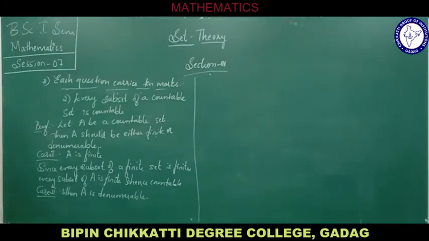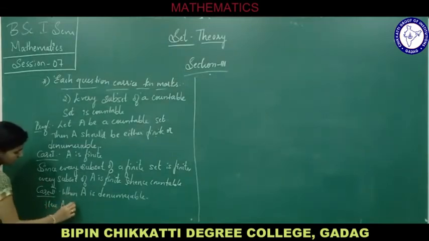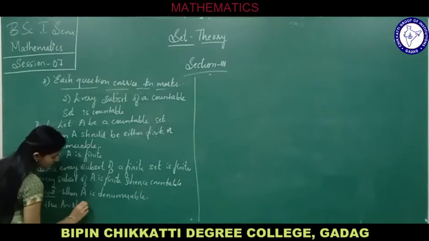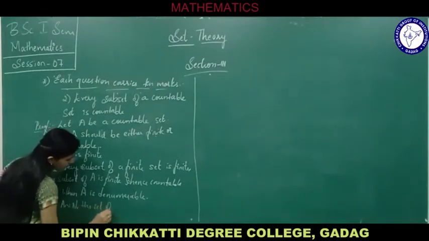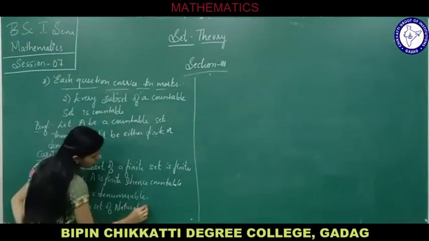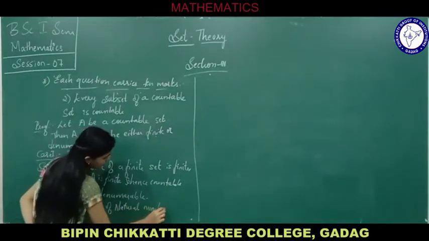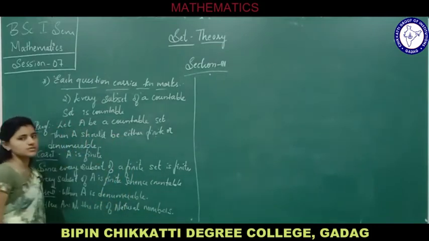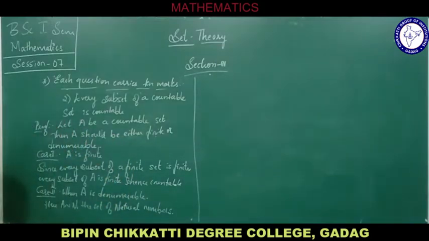Here A is equivalent to N, the set of natural numbers. If it is denumerable, A is going to be equivalent to N, where N is the set of natural numbers.